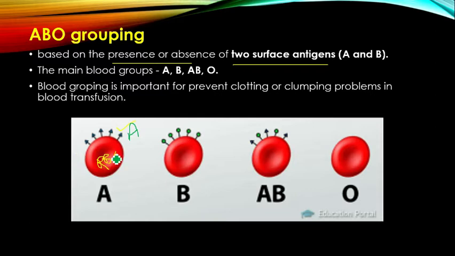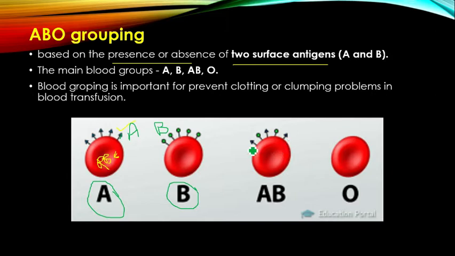If antigen B is present on the RBC surface, then that belongs to the B blood group.